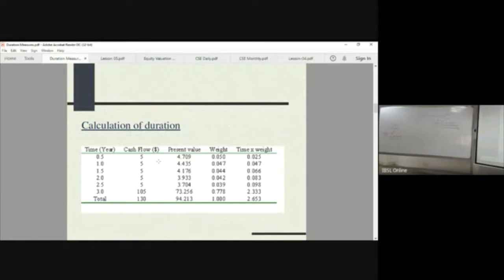What is the answer you get for e to the power minus 0.12? 0.8869.